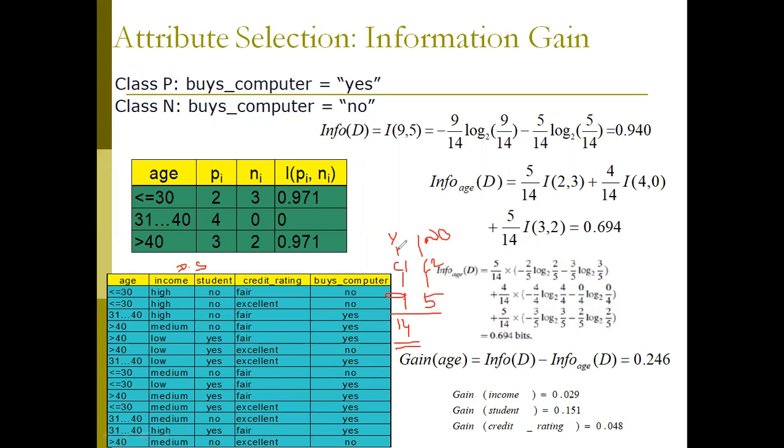Now we are going to calculate the probability of yes and the probability of no within this data set.